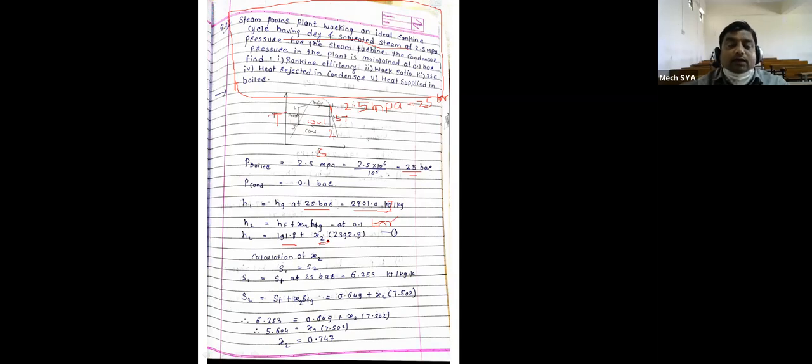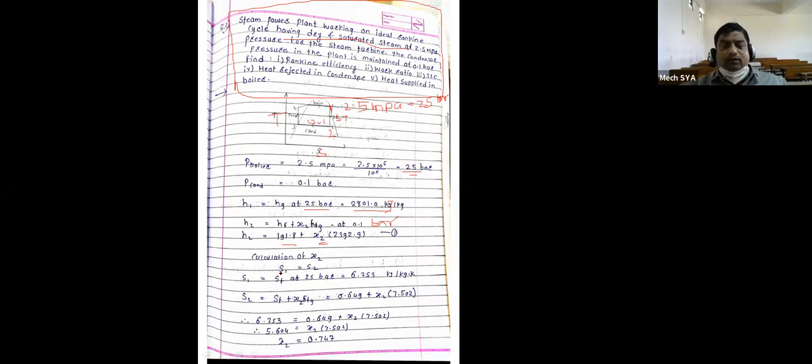Therefore, we cannot calculate the H2 value completely. We should know x2, and for that we need to calculate the x2 value. The procedure is the same as the previous numerical: s1 is equal to s2.